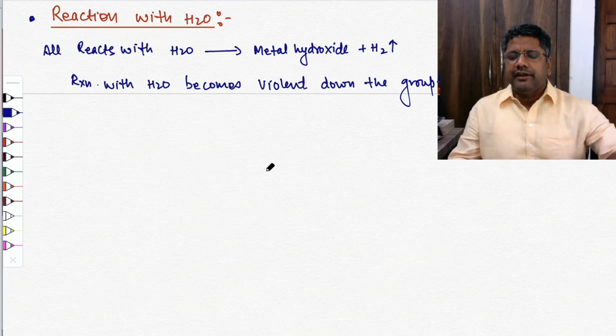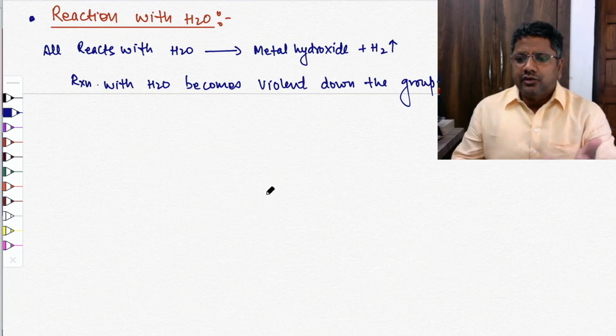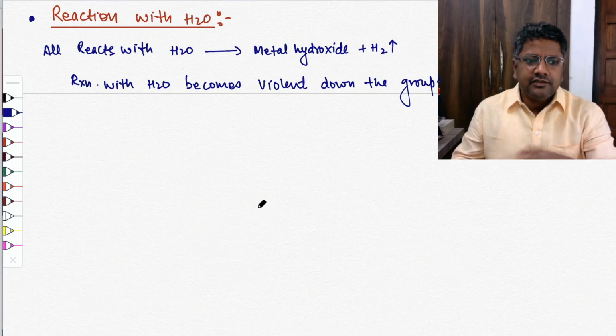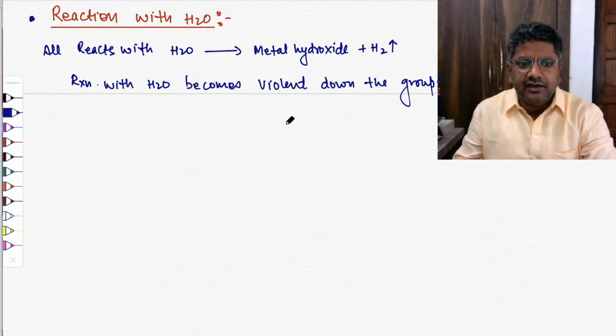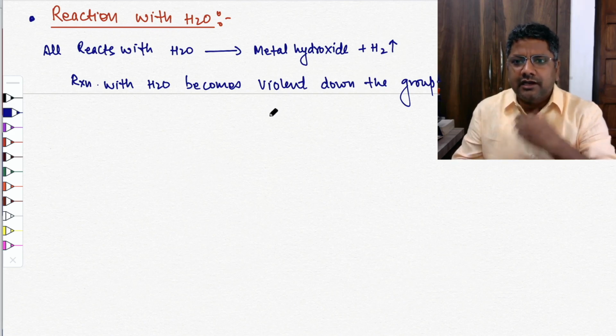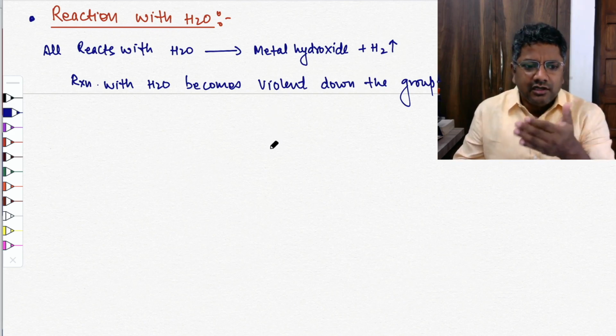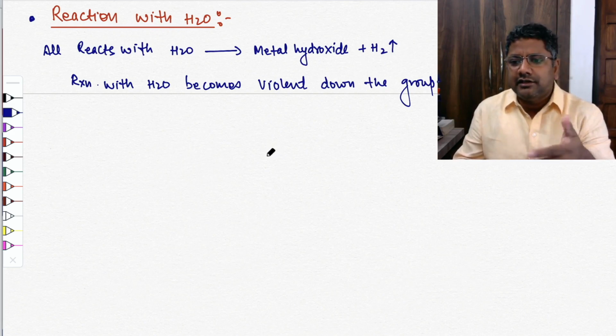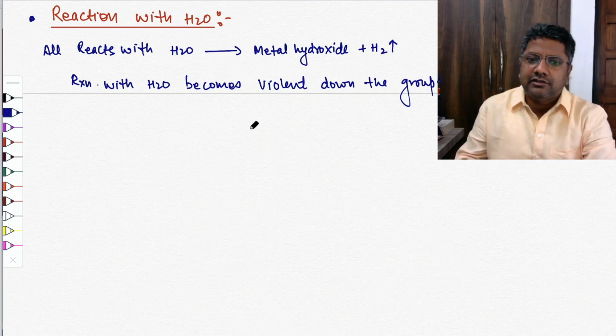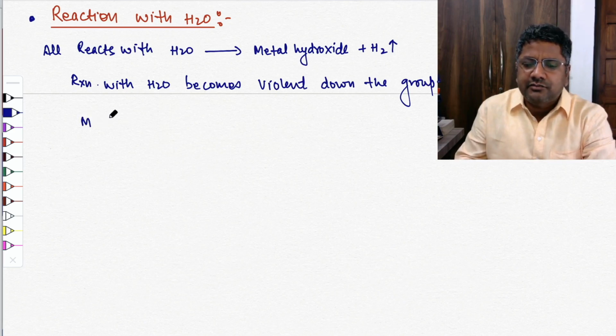Means lithium reacts gently, sodium more vigorously, potassium even more vigorously, right? All of you know that potassium and sodium react very violently with water, and in all cases you have similar type of product.